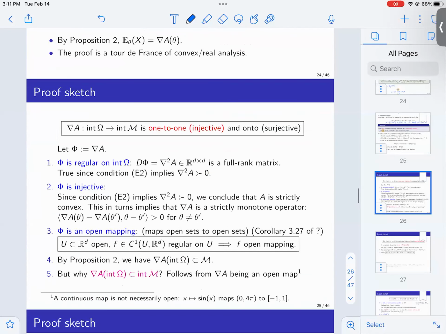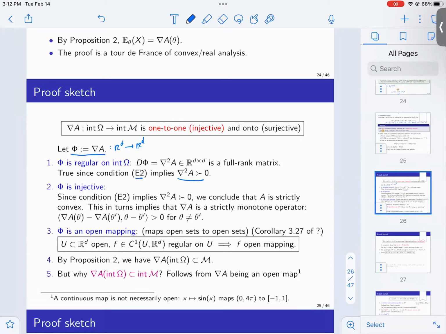I just alluded to basically the condition E2 implies that the Hessian is positive definite. If I look at the gradient mapping, this is a multivariate function from R^d to R^d. The Hessian of A would be the derivative of this map. And the Hessian being positive definite means the derivative is full rank.